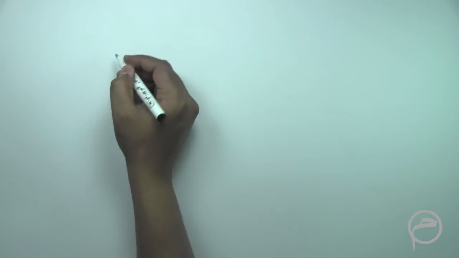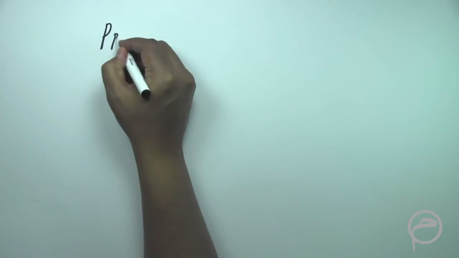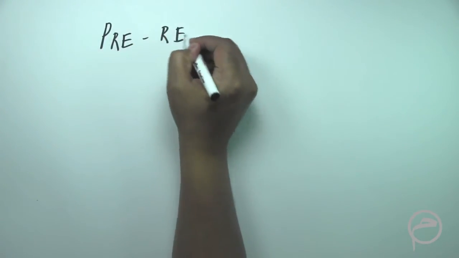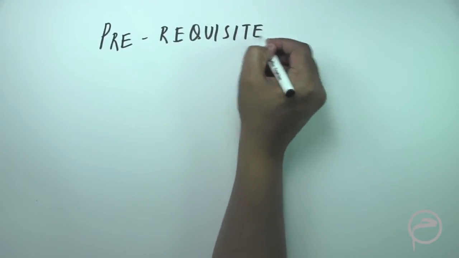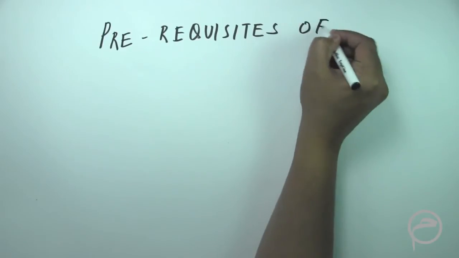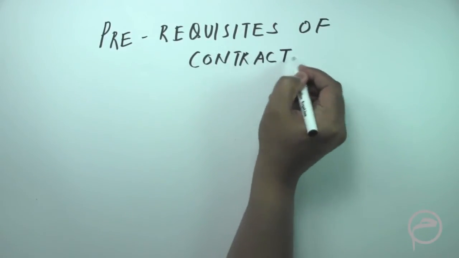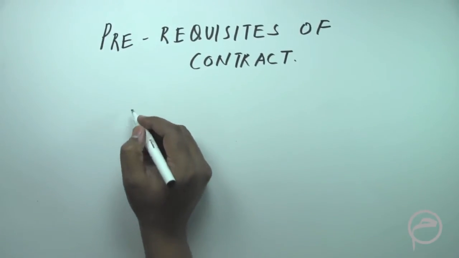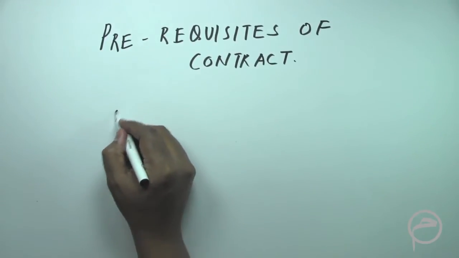What are the prerequisites of a contract? So let us understand the prerequisites of a contract. You see, the three main prerequisites of an Islamic contract are as follows.